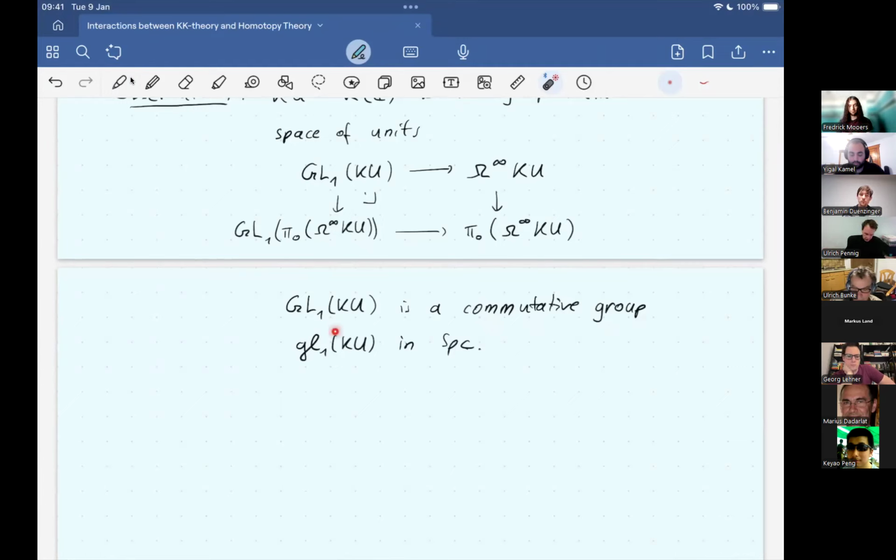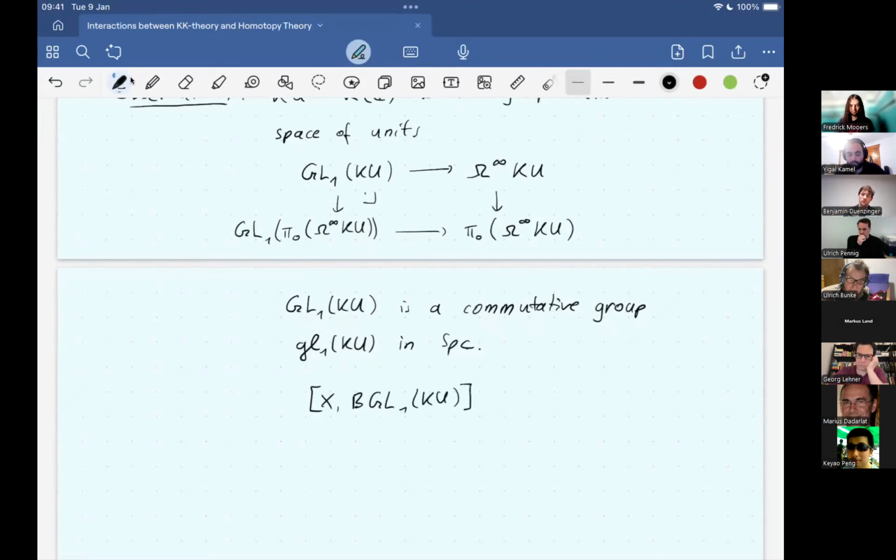So there's a connective spectrum where this is its underlying infinite loop space, and that has an associated cohomology theory. And it turns out that the first group of this cohomology theory, so the maps from X to BGL1 of KU, is the group that actually classifies all possible twists of K theory.